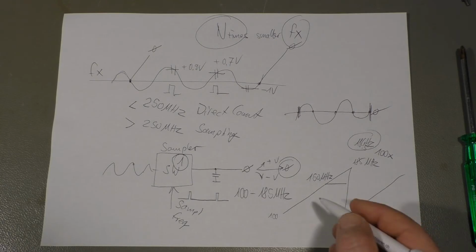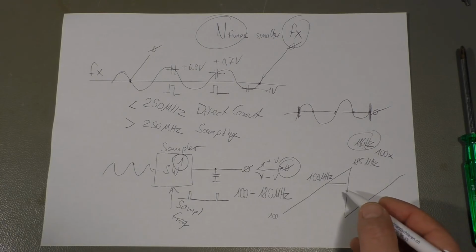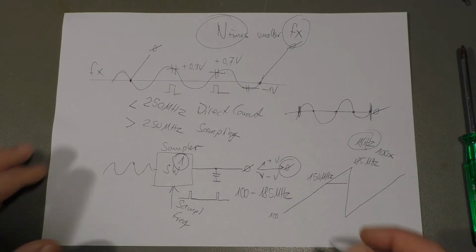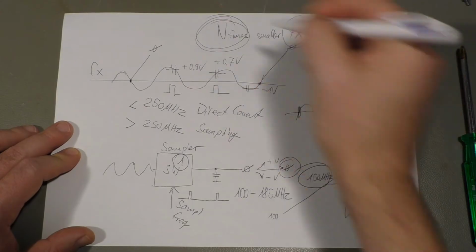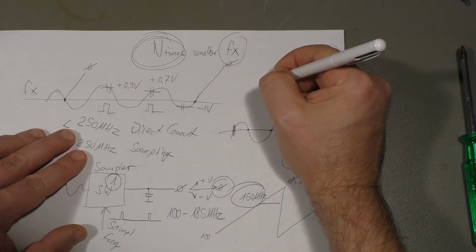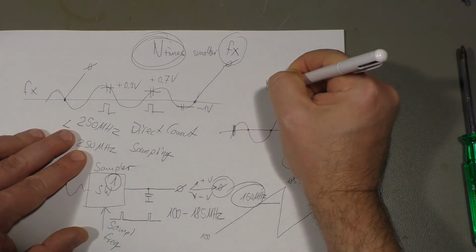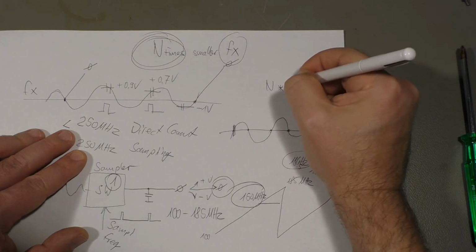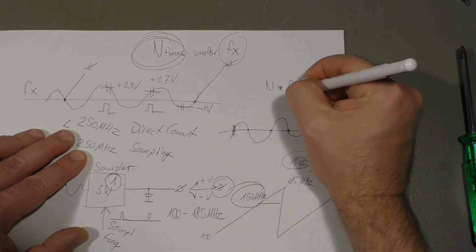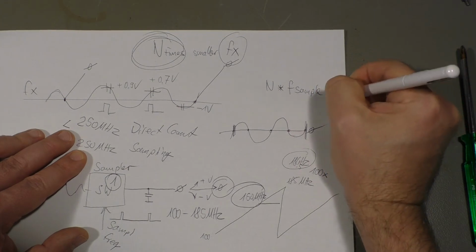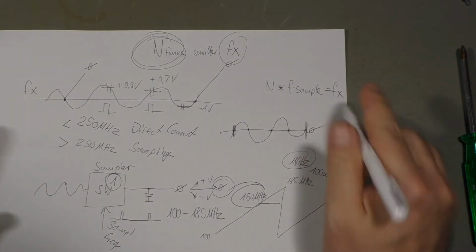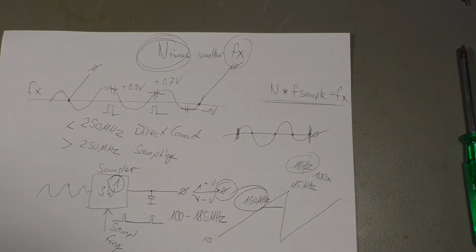So how many times is the input signal faster than the sampling? And if you have this number here and n, so what you display is n times f sample equals f unknown. So that's a little bit simplified.